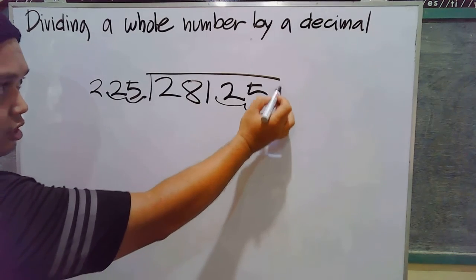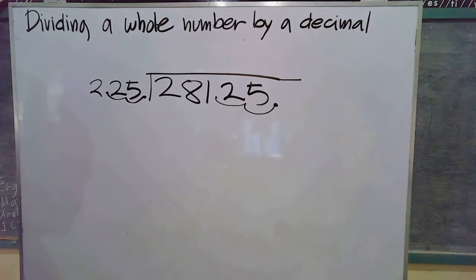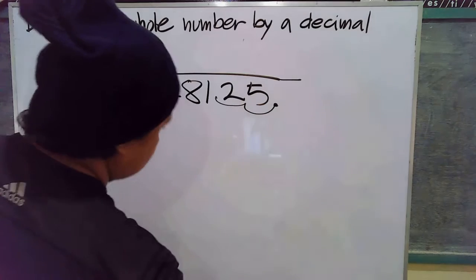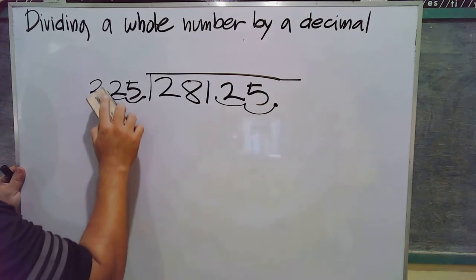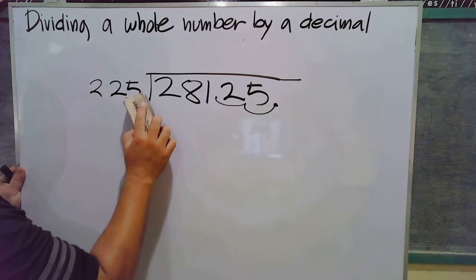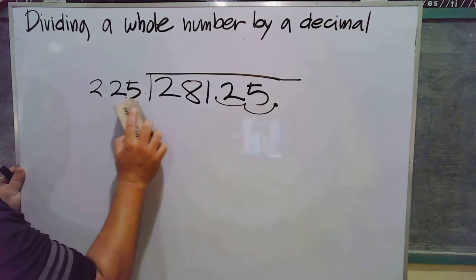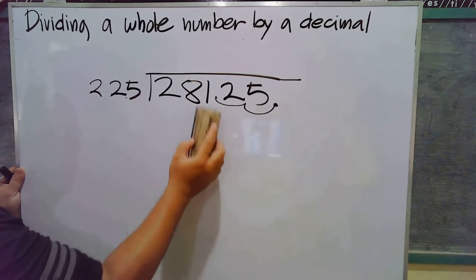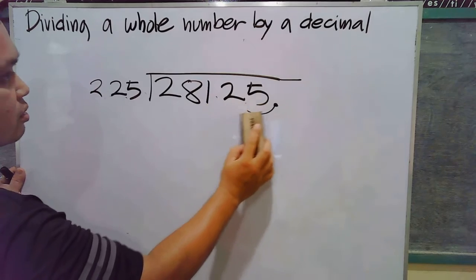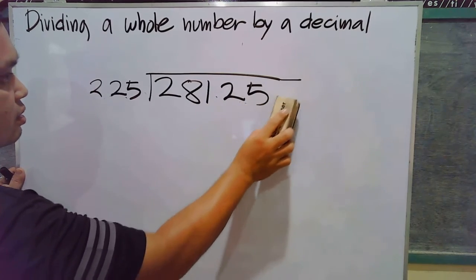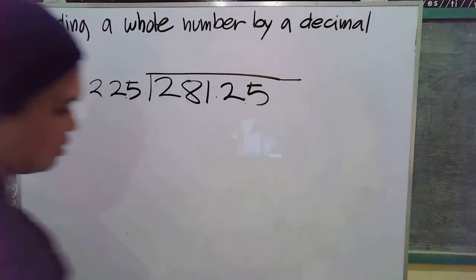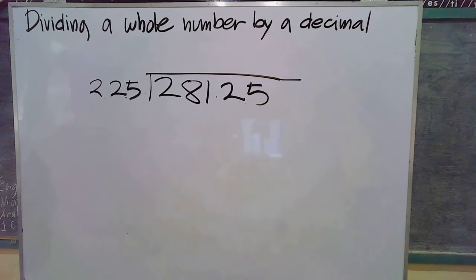If we erase the decimal points, this becomes a whole number, and this becomes a whole number too. And we can now divide.